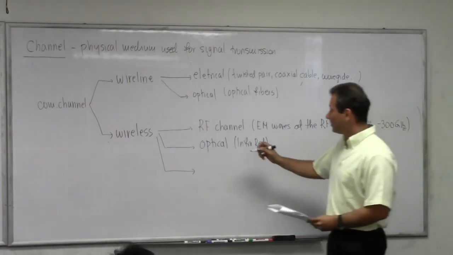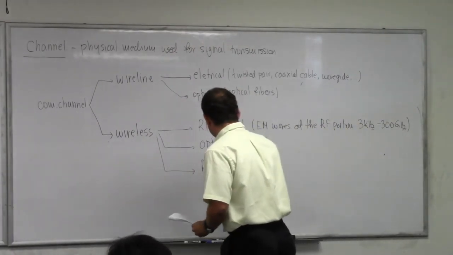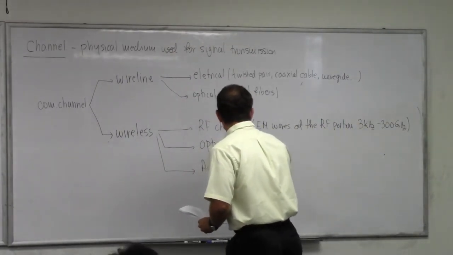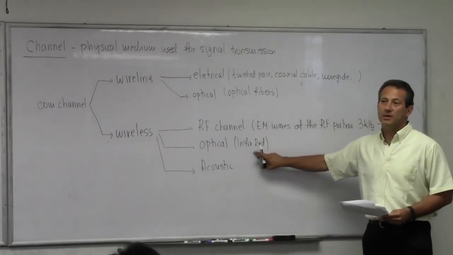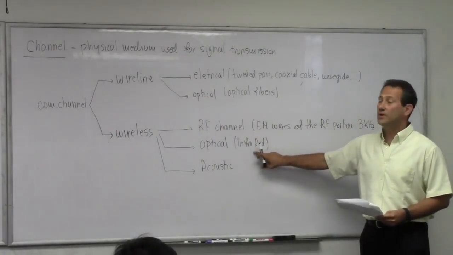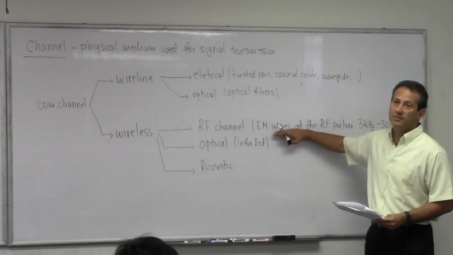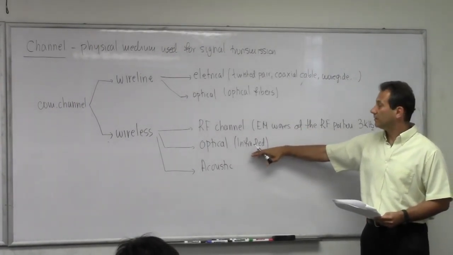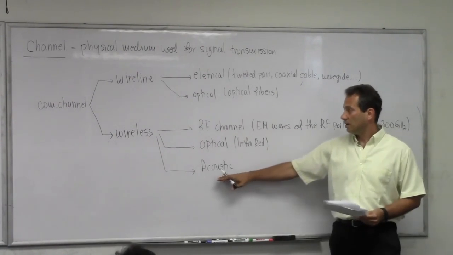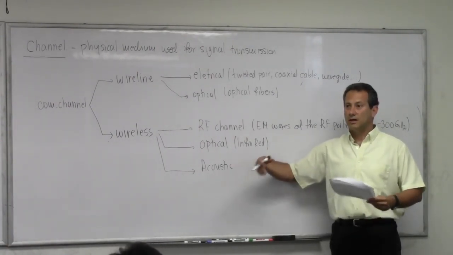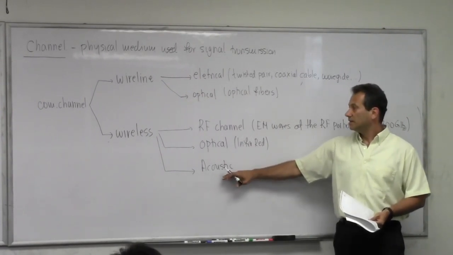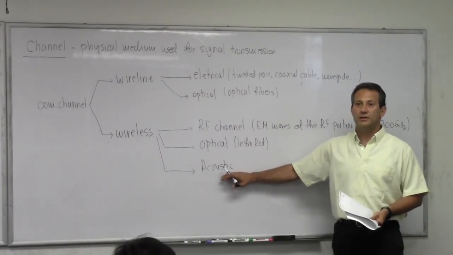And then there is another one, which is acoustic, right? Now, both the RF channel and optical use electromagnetic waves, just at different frequencies. RF is a lower frequency band, and optical is a higher frequency band. The acoustic wireless channel is different. It uses acoustic waves. What is an example of an acoustic wireless channel?